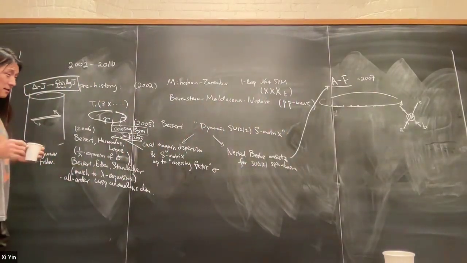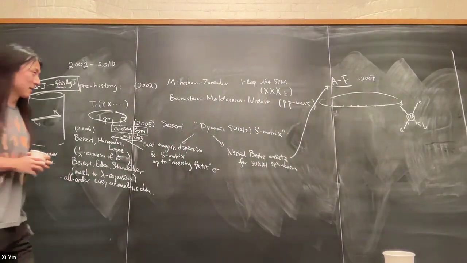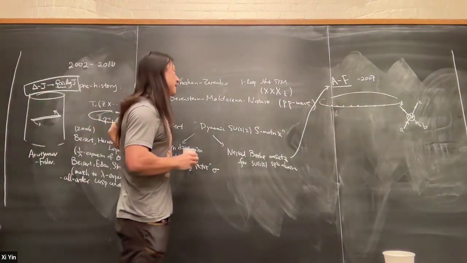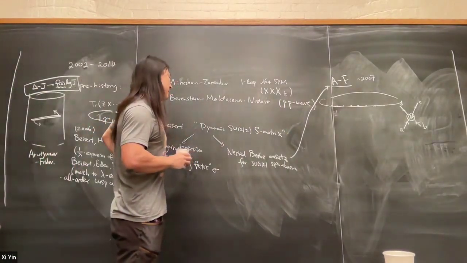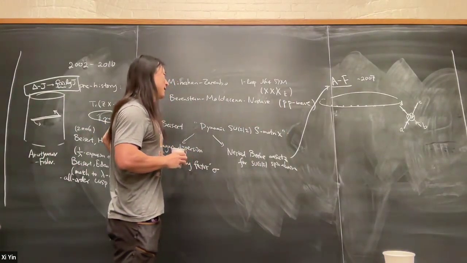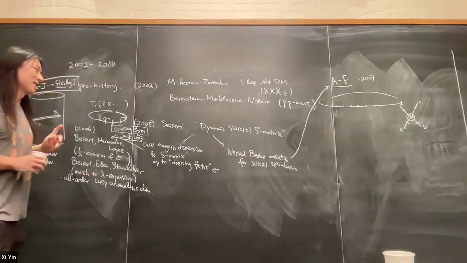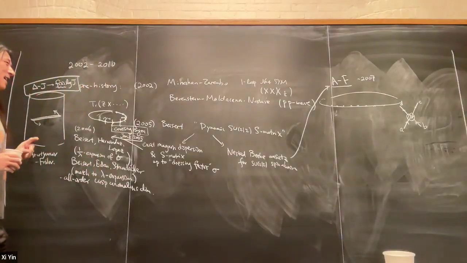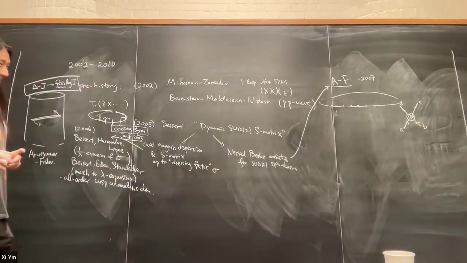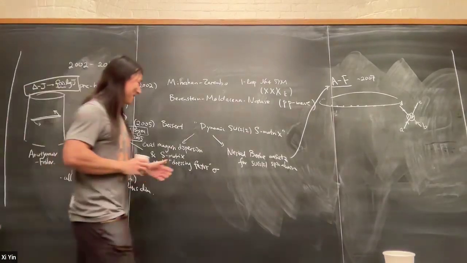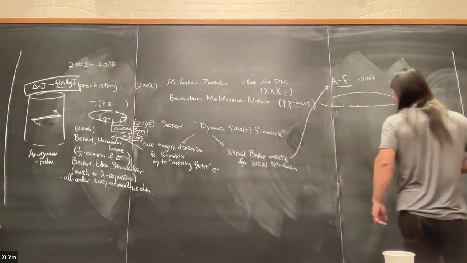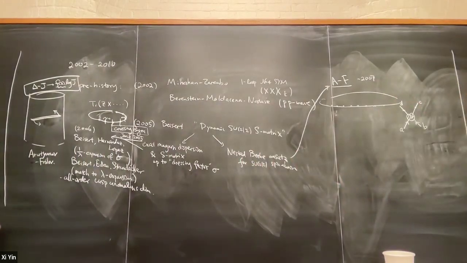Just in a simple case of delta function potential, he understood some aspects of this. In modern terms, it's usually referred to as the nested Bethe ansatz. I must say that this is a subject that I have been avoiding until recently, because the nested Bethe ansatz is kind of a monstrous thing, and it's hard to understand.